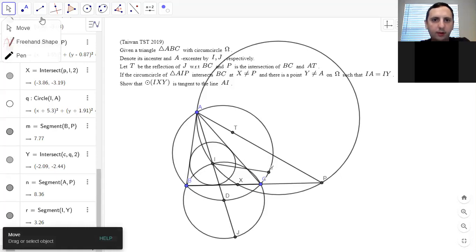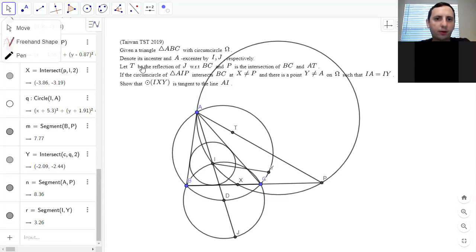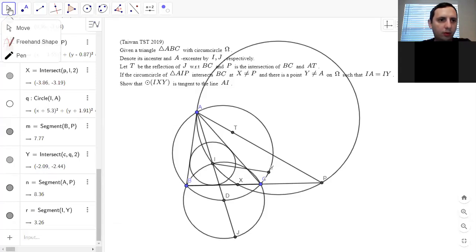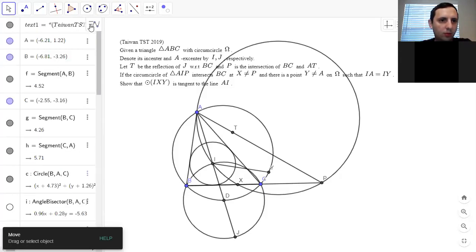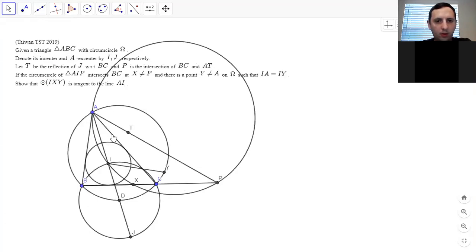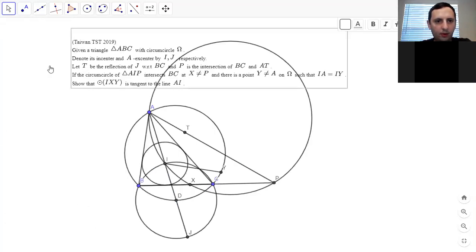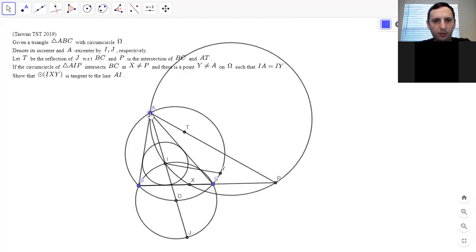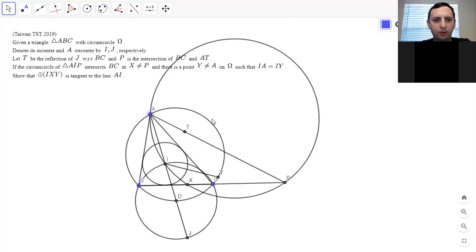I don't think TX and J are collinear. Hold on, I see some people wrote something in the chat. Give me just one second. Let me try to close this. There we go. I hope you don't mind if the circle just overlaps the question. Let's check the chat: D, X, and Y are collinear.